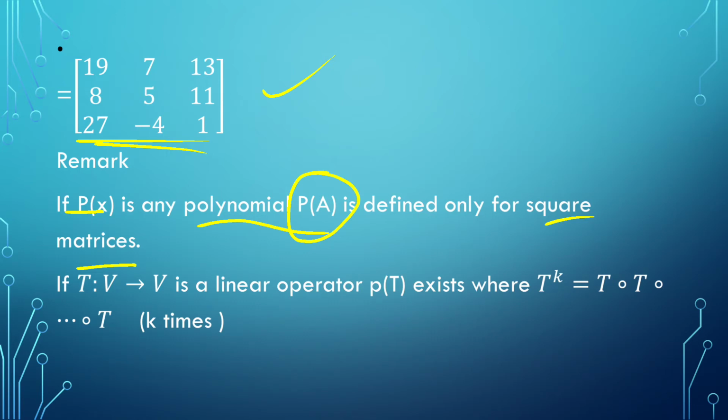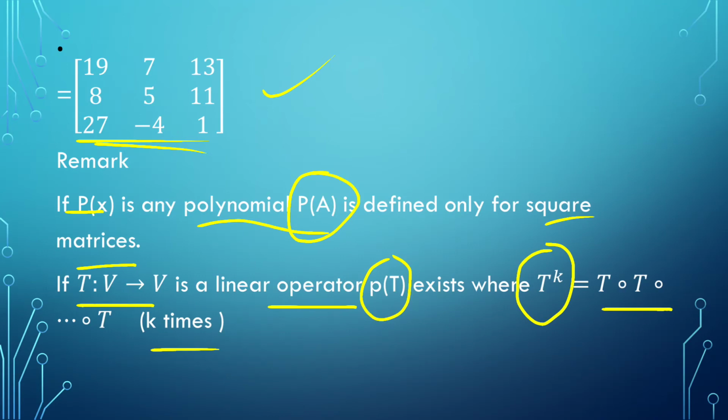So if you have a transformation T which maps V to V, which is a linear operator, then p(T) exists, where T to the power k means T operating k times.